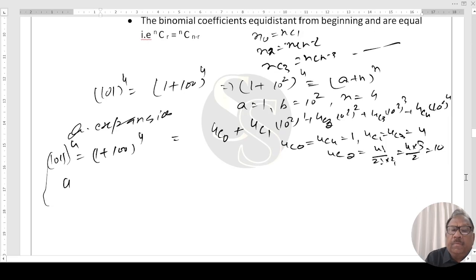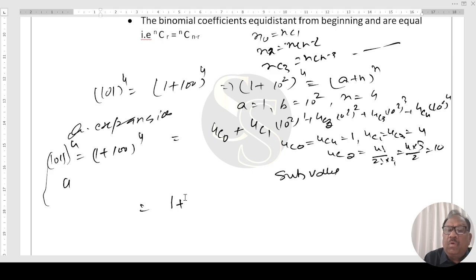Now substituting values, 1 plus 4c1 की वैल्यू 4 into 100 plus 4c2 की वैल्यू 6, 6 into 10 raised to 4 plus 4c3 is 4 into 10 to the power 6 plus 4c4 1 into 10 to the power 8.